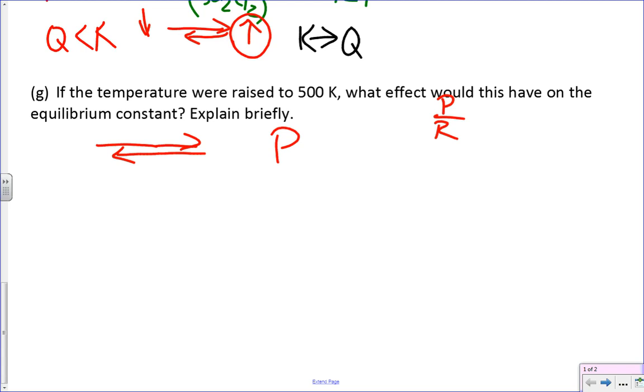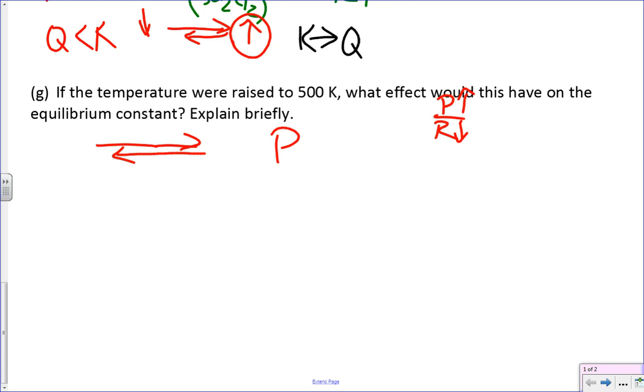So if we're favoring the production of products to get to equilibrium, we know we're going to have greater product concentrations and pressures than we had before, and lower reactant pressures and concentrations when we reach equilibrium. And that means our K is going to get larger.